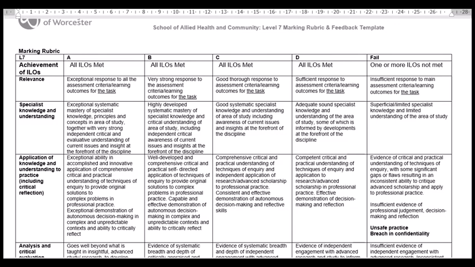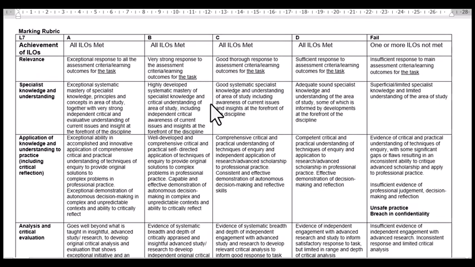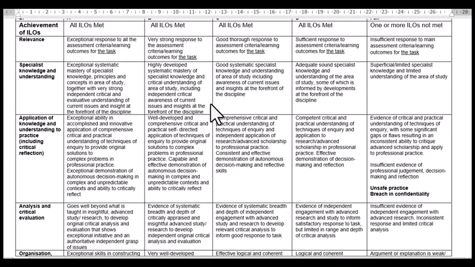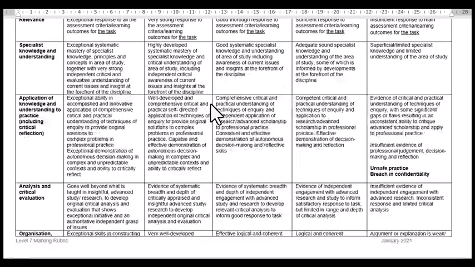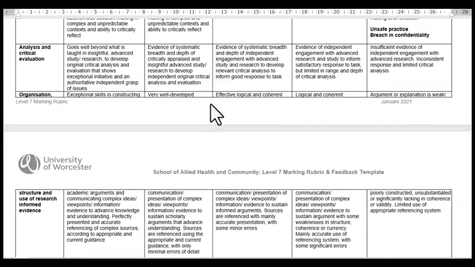So those are your learning outcomes for the assignment, and these are the grading criteria that are used for all of your assignments at level 7. So you'll notice here that you'll be graded on how well you have achieved the learning outcomes, the relevance of your assignment to the task that's been given, the knowledge and understanding that you've shown, the application of knowledge and understanding to practice, your levels of analysis and critical evaluation.